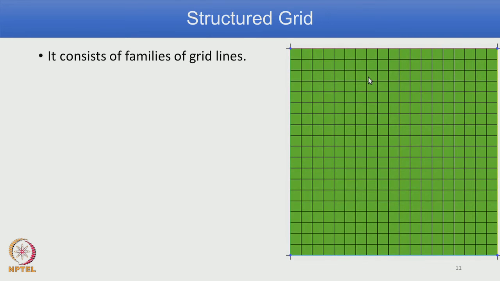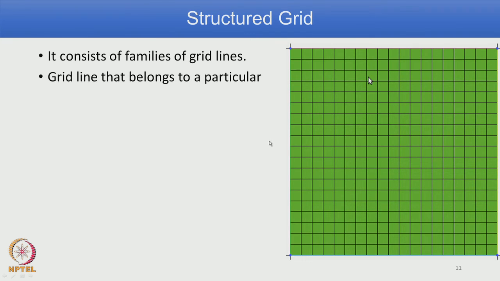So, a structured grid consists of families of grid lines. In this figure, the black lines that you are seeing running vertically as well as horizontally, each one of them represents one grid line, and all the vertical grid lines are one family and all the horizontal grid lines are another family.